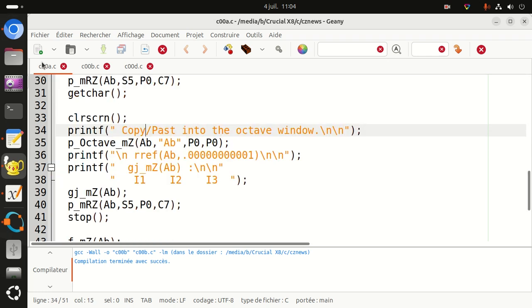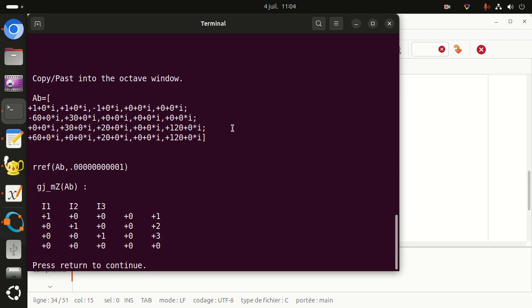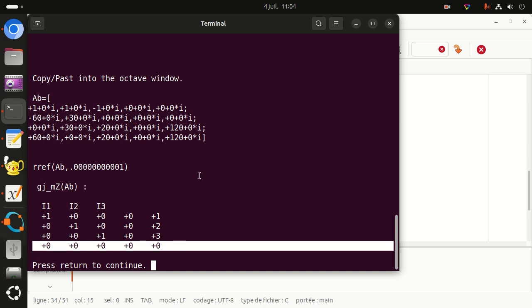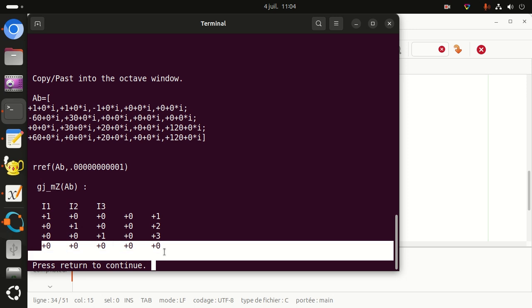You can verify the result with a Gauss-Jordan function. 1, 2, 3. But in this case, you have a column of 0, and the result gives a line of 0. With the QR factorization, you have not the column of 0 and the line of 0.